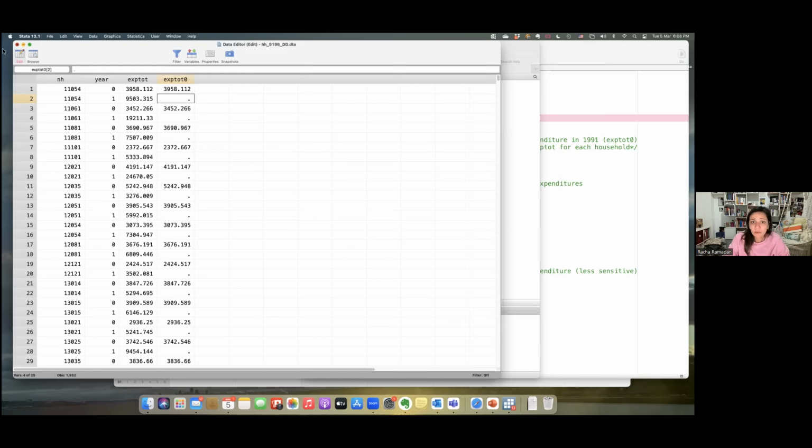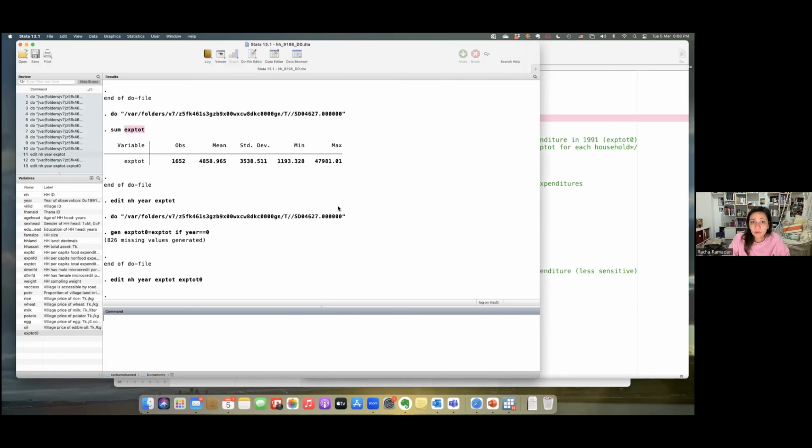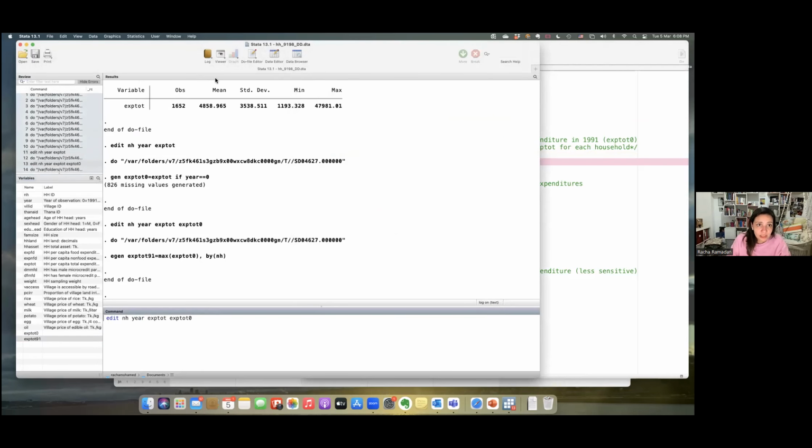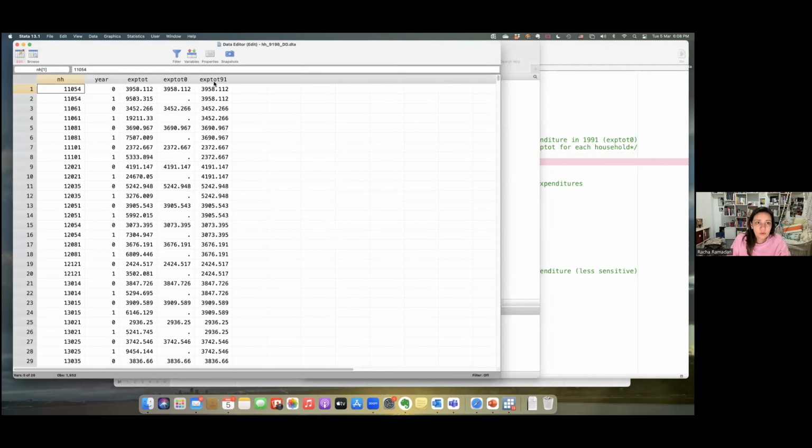So I will add the variable between the two. Again, to show you what happens here, I will add the variable. Here you can see that total expenditure has the values for each year, and total expenditure 91 has only the value of total expenditure of year 91.